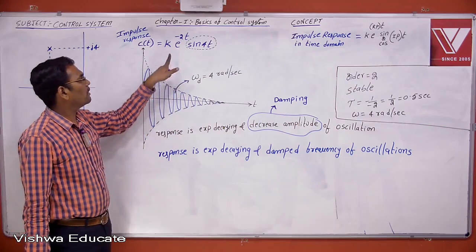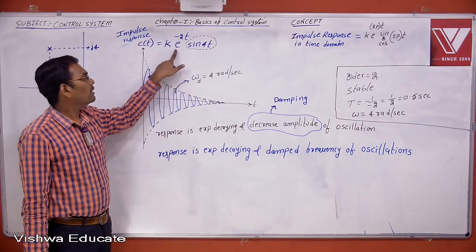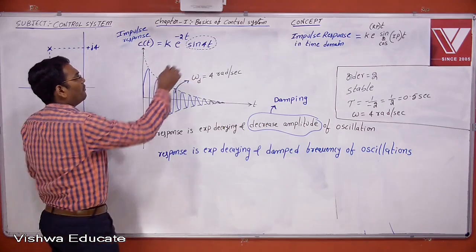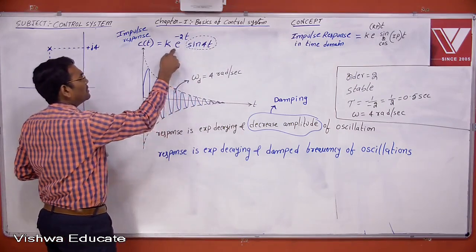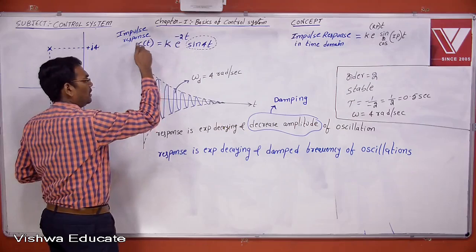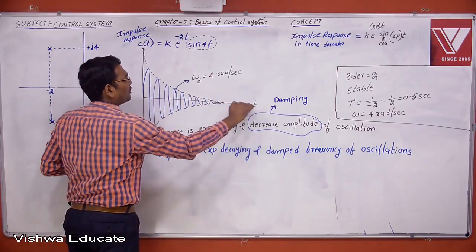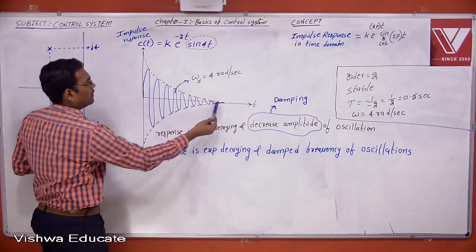Any signal multiplied with a sine or cos term: forget about the sine and cos, take the signal other than sine and cos. Here it is an exponential signal, so draw the exponentially decaying curve. Then with respect to the time axis, draw the mirror image.